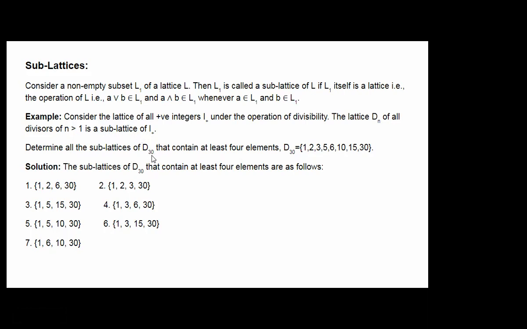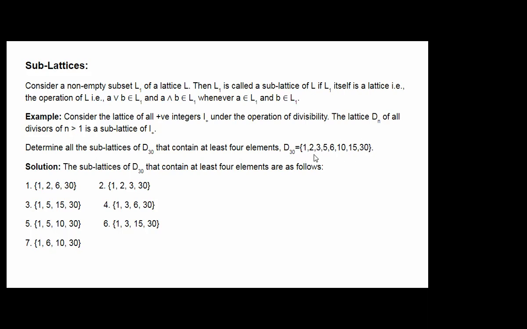Determine all sublattices of D30 that contain at least 4 elements. Now D30 means the divisors of 30, such numbers which divide the number 30. 1 divides 30, 2 divides 30, 3 divides 30, 5 also divides 30, 6 divides 30, then 10 also divides 30, 15 also divides 30, and 30 also divides 30.